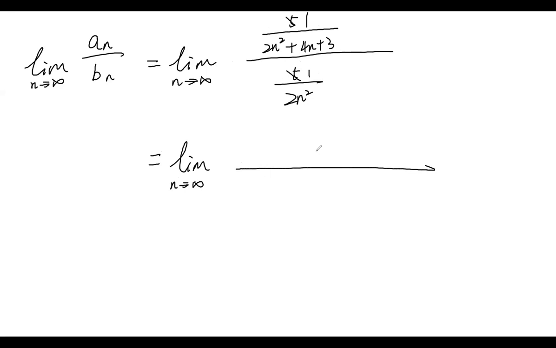And then with some algebra, you get 2n squared on the top and 2n squared plus 4n plus 3 on the bottom. We have seen this kind of limit before. For this, you can just use L'Hopital's rule. You replace all the n with x. Then you just calculate. So you can use L'Hopital's rule.